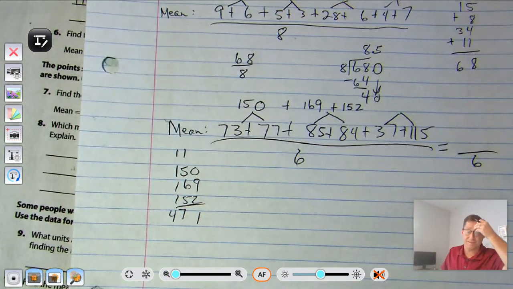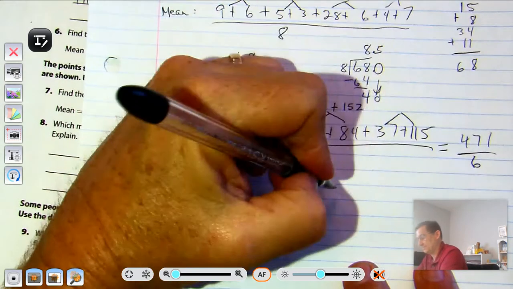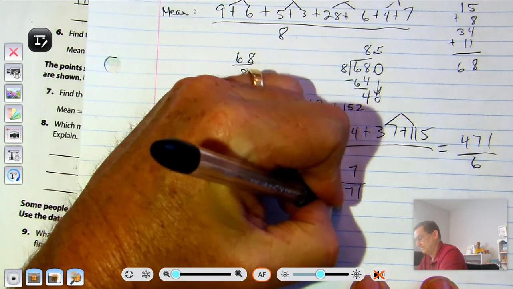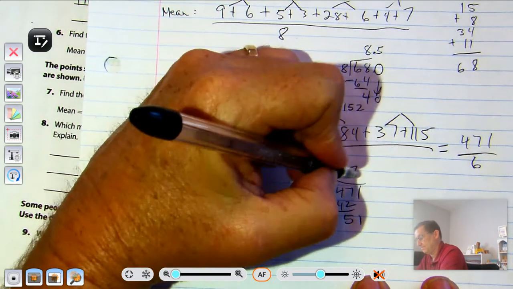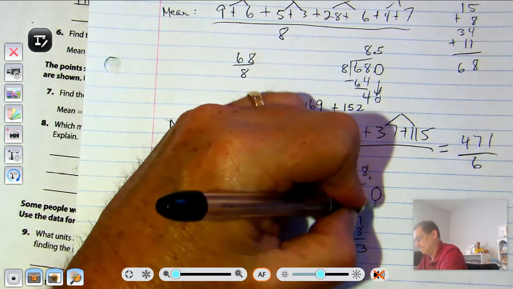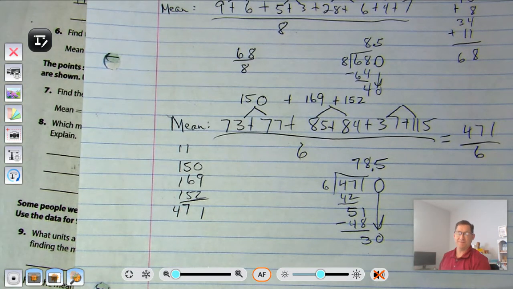So we have 471 divided by 6. So we should get a mean of 78 and a half.